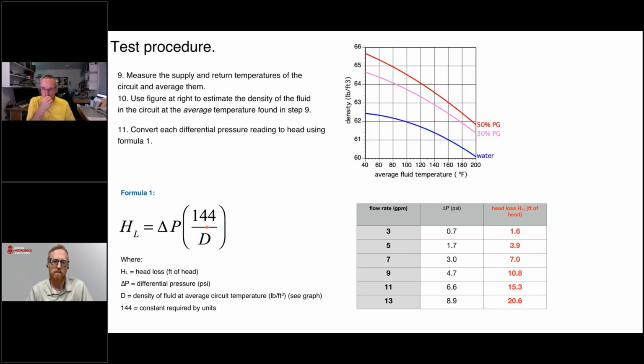But where theory becomes problematic is when you don't know what's in the circuit, or you're unwilling to crawl back through that crawl space and see if there's another 8 elbows back there or something else that you can't see. This test procedure will pick up the effect of that.